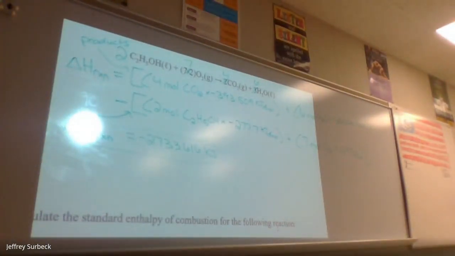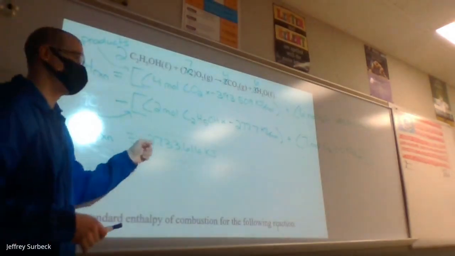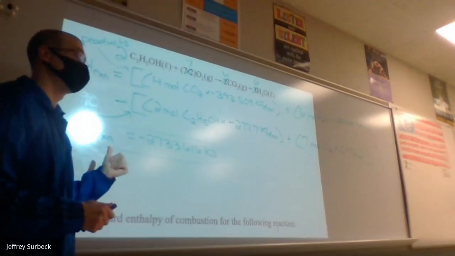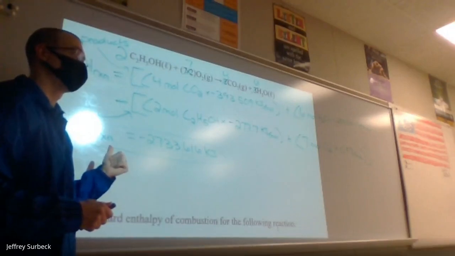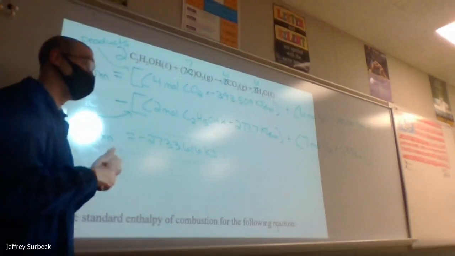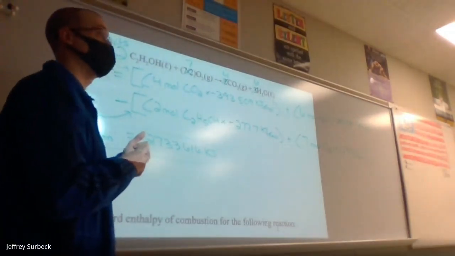One thing, and this isn't required here, but what does the negative sign tell us about our enthalpy, our heat? Does heat go out or into? Out. So if it's going out, it's exiting.